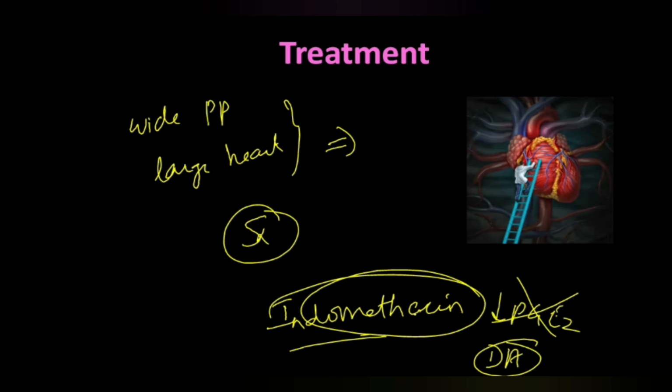So to put patent ductus arteriosus in a nutshell, it is an acyanotic heart disease where you have left to right shunt. Over a period of years, the child can develop pulmonary artery hypertension, and they can have left atrial, left ventricular and right atrial hypertrophy, and can develop congestive cardiac failure.